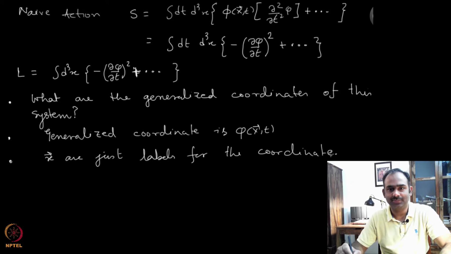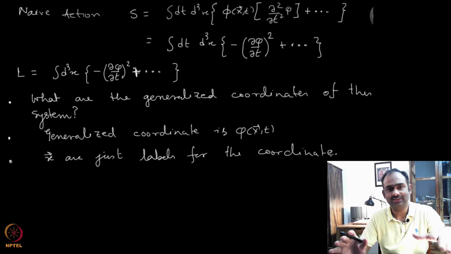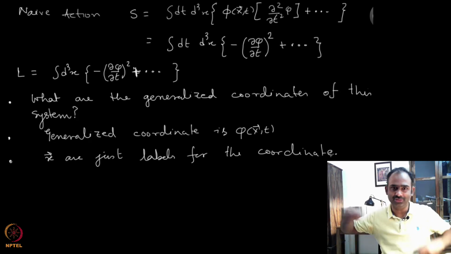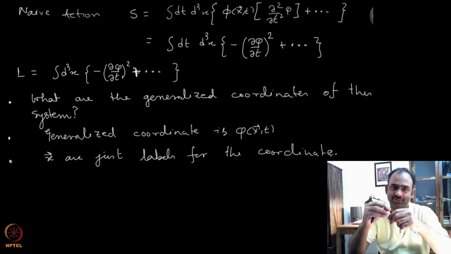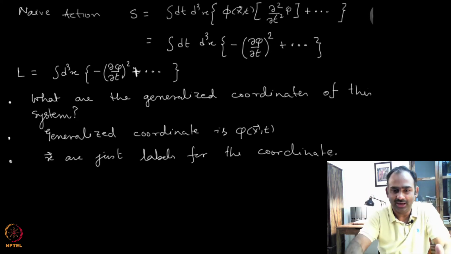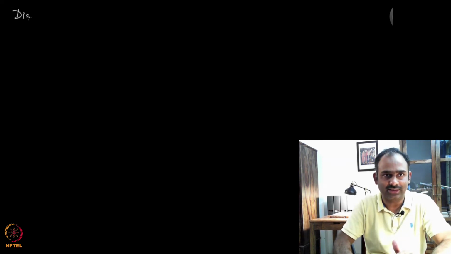So let me make this further clearer by doing the following. Instead of taking x to be the continuum space, let's take the system and put it on a lattice. So I'll discretize the space. Instead of x taking continuous values, we'll make x take discrete values, and then we'll look at the same Lagrangian again. That way it will be easier to understand what is being said.